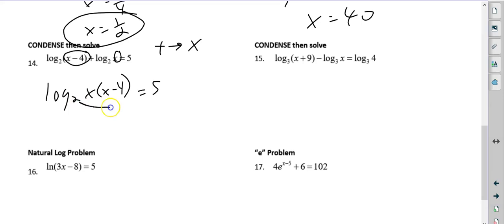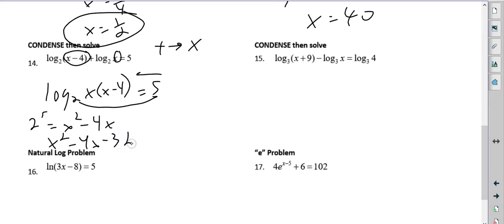And now we switch and flick. 2 to the 5th power equals x squared minus 4x. 2 to the 5th power is 32, which we have to subtract over, so that gives me x squared minus 4x minus 32 equals 0.